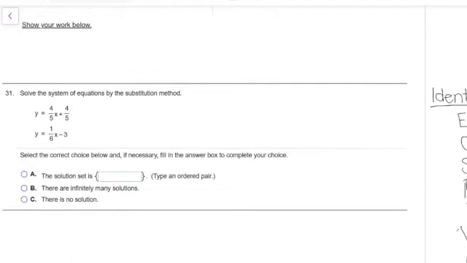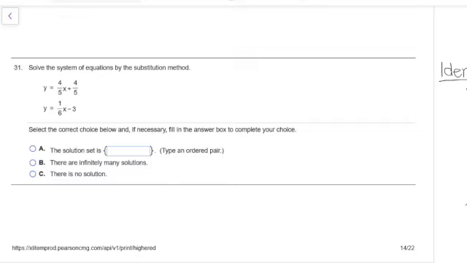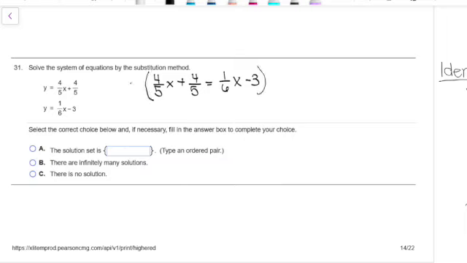The first one says solve the system of equations by substitution method. Well, since they're both with y equals, we're just going to set them equal to each other. So 4/5 x plus 4/5 equals 1/6 x minus 3. If I think about a least common denominator here, it would be 30.